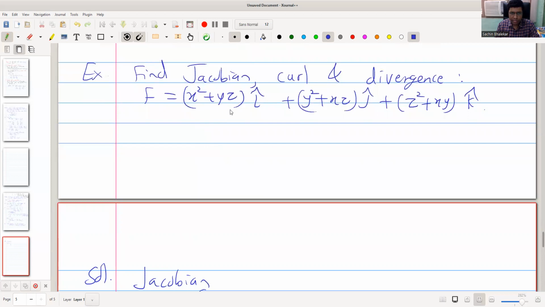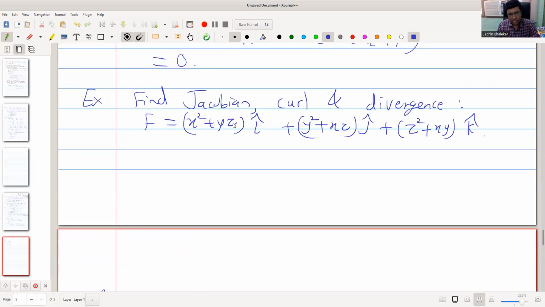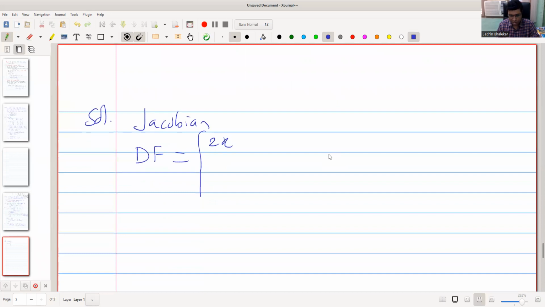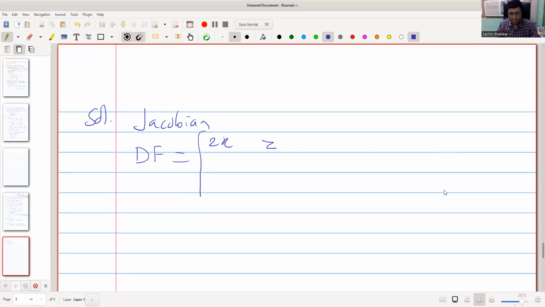So with respect to x, the partial derivative is 2x. Then with respect to y, it is z, and with respect to z, the derivative is y.